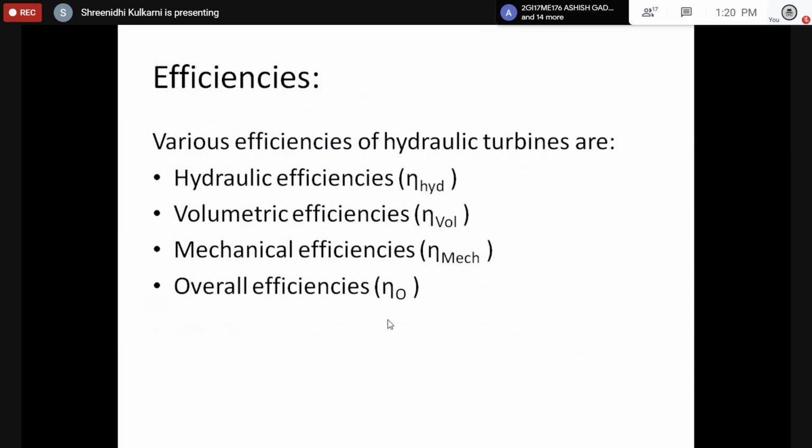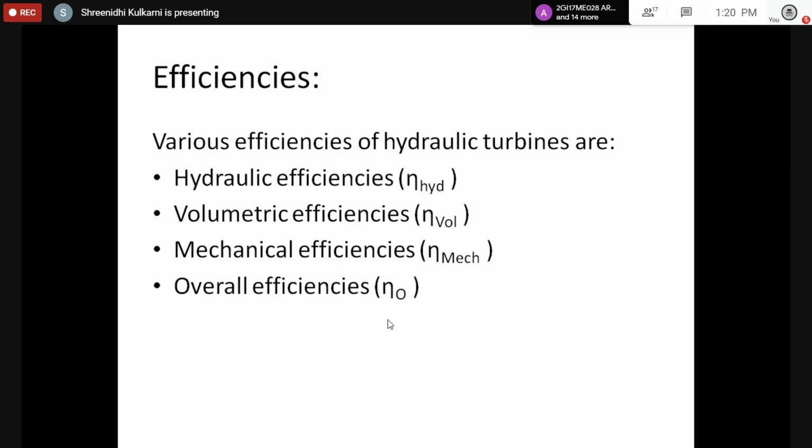So next we'll move on to the different or various efficiencies of hydraulic turbines. Okay, so here we can see hydraulic efficiency, volumetric efficiency, mechanical efficiency, and overall efficiency. First I'll come to mechanical efficiency.